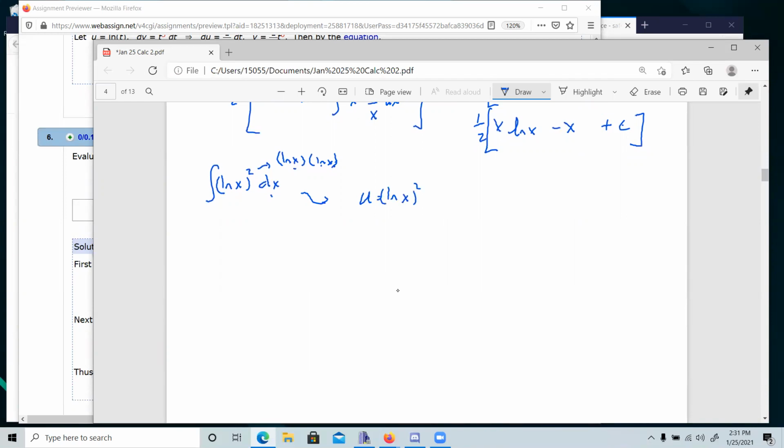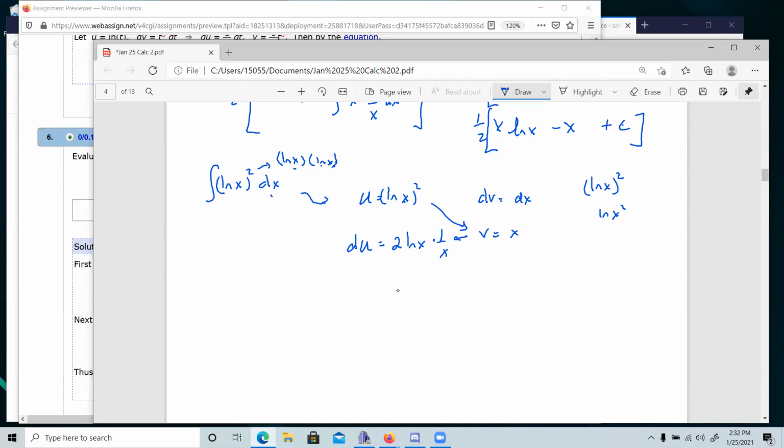Now, this square is on the outside of the logarithm, not on the inside. You cannot put the 2 out in front here. So the difference: natural log x squared and natural log of x squared. These are not the same. This 2 comes out in front, this one does not. du is equal to, well, that's 2 ln x times chain rule 1 over x. dv is still equal to dx, so v is equal to x.